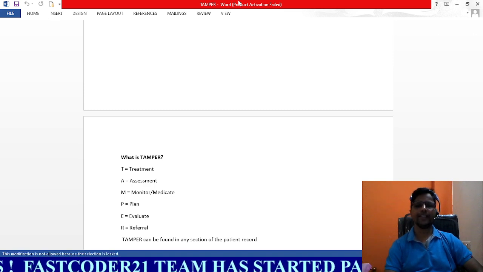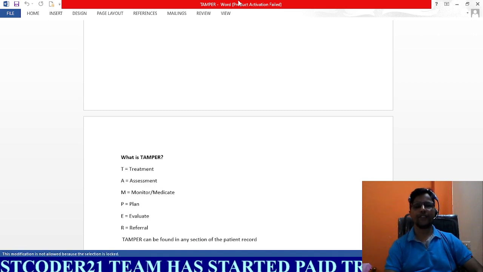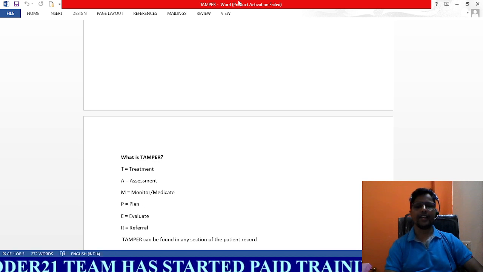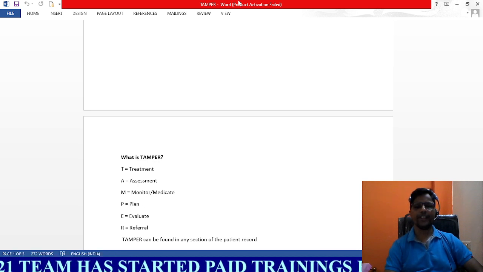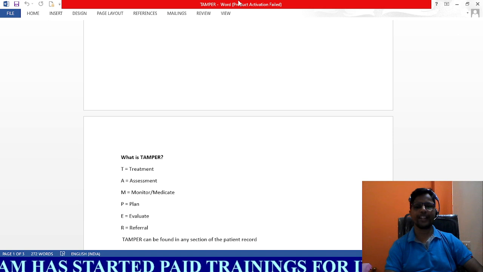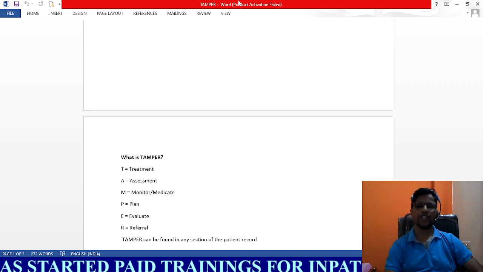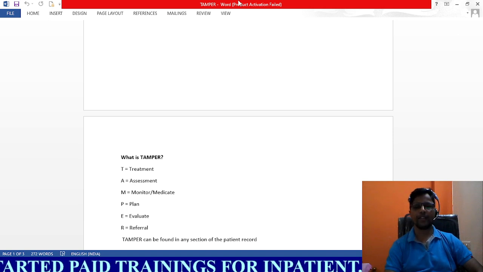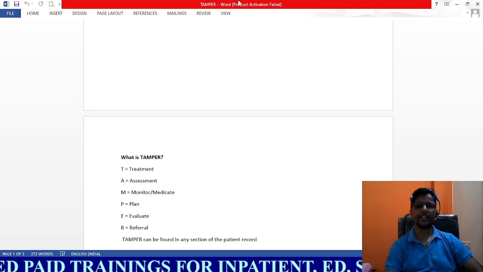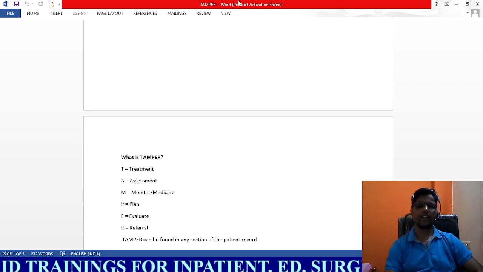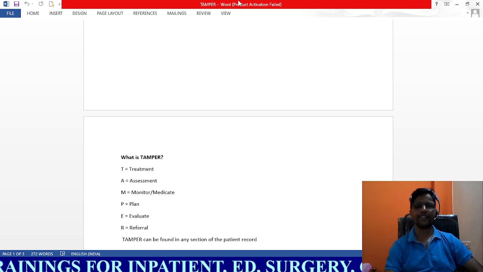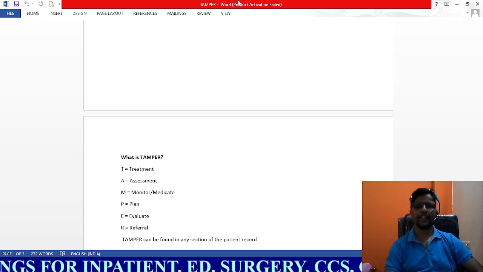So T means treatment. Whenever we find any code or any condition, we need to find whether the physician is providing any treatment or not. And also we need to check whether the physician is performing an assessment regarding that chronic condition, and whether the physician is monitoring that condition or not.